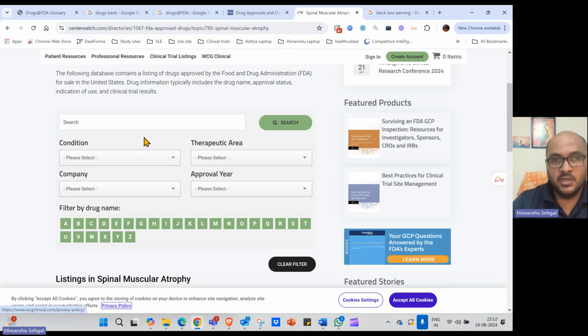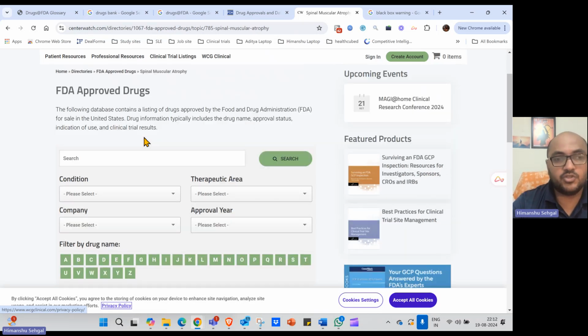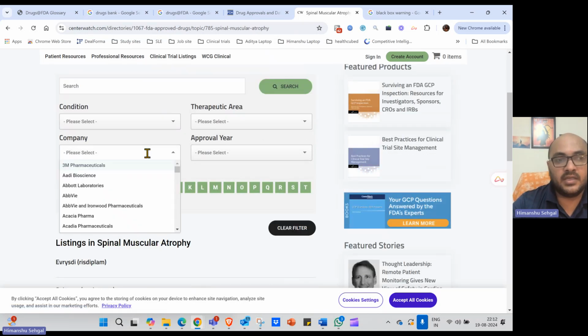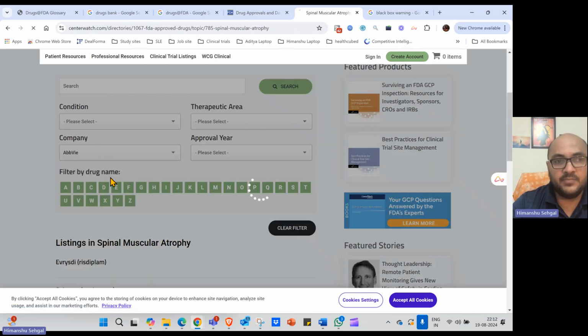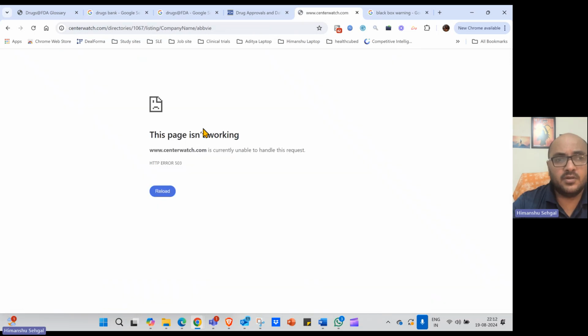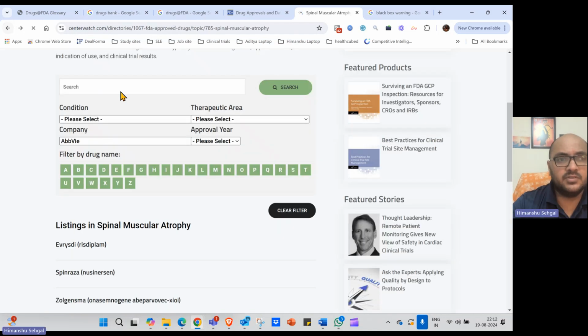So this is an important page for us. I want to create a landscape and I want to check out which drugs are approved in which indication. Then I can check by a company that, let's say, AbbVie, what are its approved molecules. Sorry, I think the site is crashing for whatever reasons.